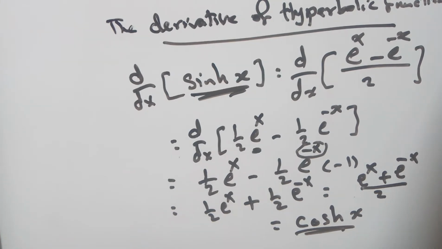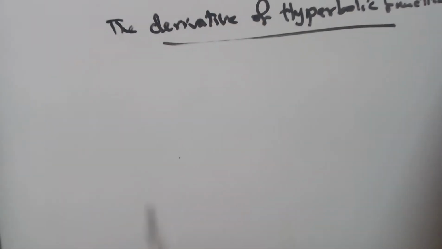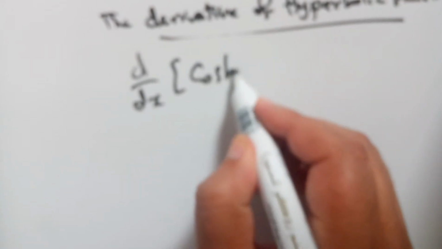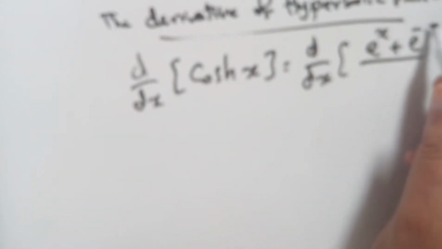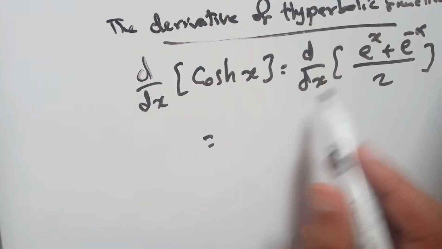In the same way, you can get the derivative with respect to x for hyperbolic cosine x. It is the derivative for e to the power x plus e to the power negative x divided by 2. Then 2 is a constant. What is the derivative for e to the power x?